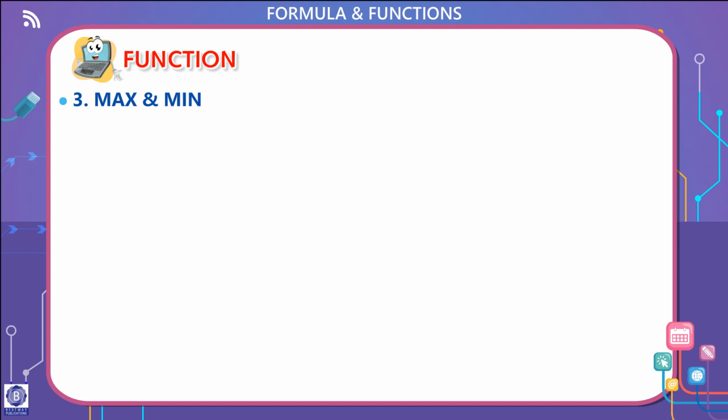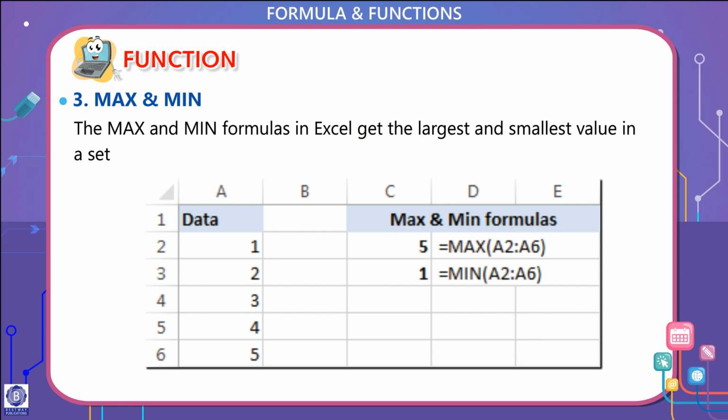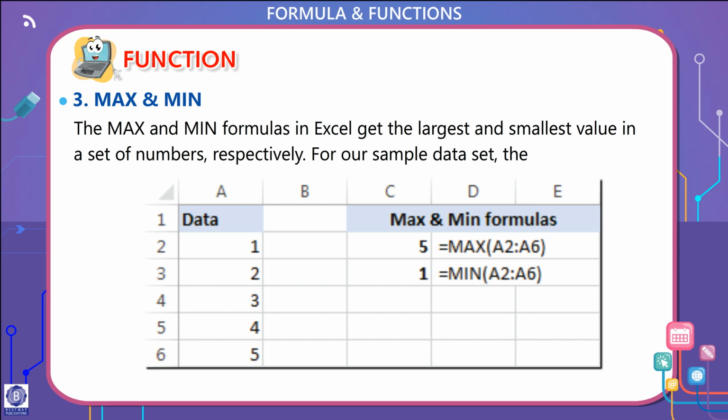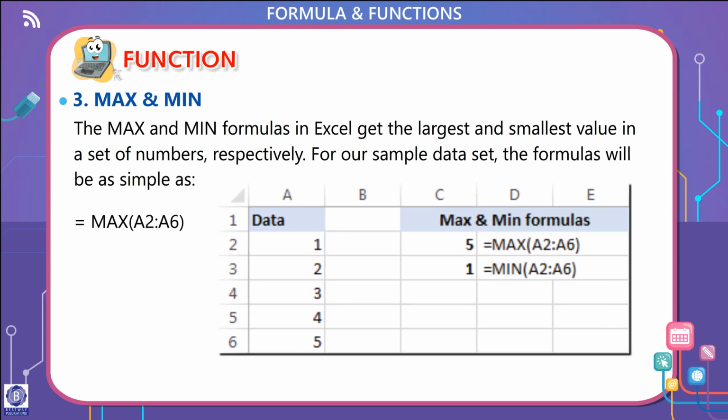Third is MAX and MIN. The MAX and MIN formulas in Excel get the largest and smallest value in a set of numbers respectively. For our sample data set, the formulas will be as simple as =MAX(A2:A6) and =MIN(A2:A6).